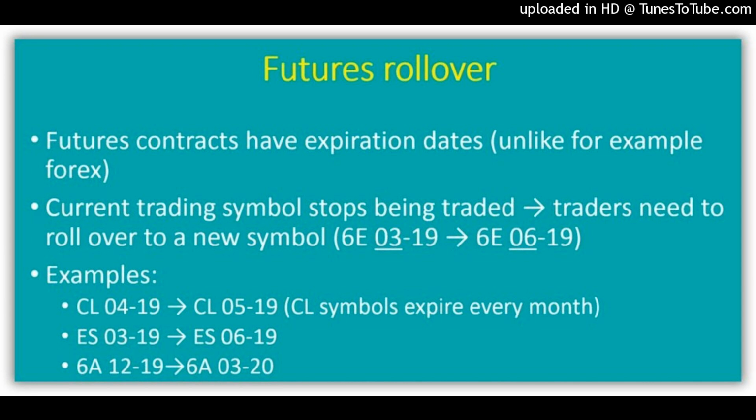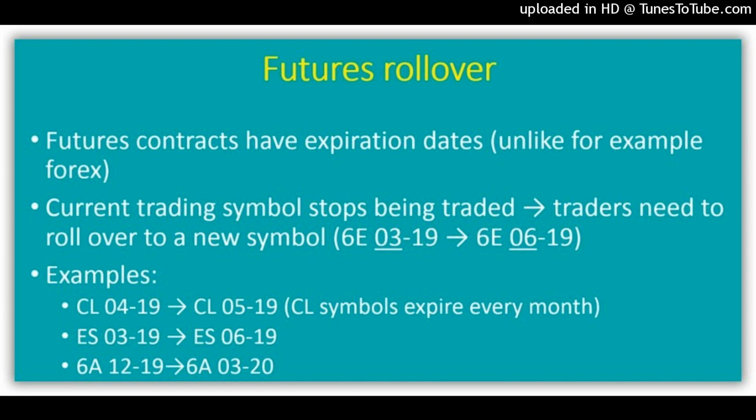Very similar case is, for example, this symbol, which is futures for the Australian dollar, equivalent to Australian dollar US dollar. As you can see, this one expires on December 2019. After that, you roll over to this symbol, which expires March 2020.